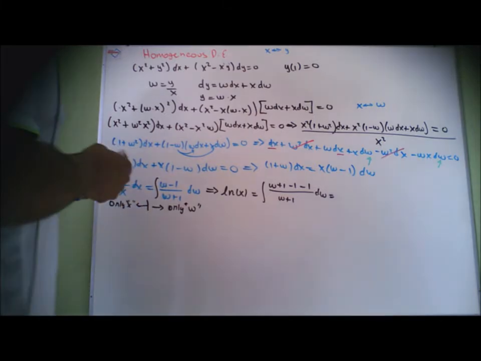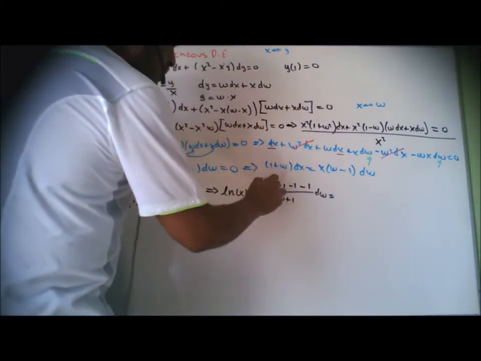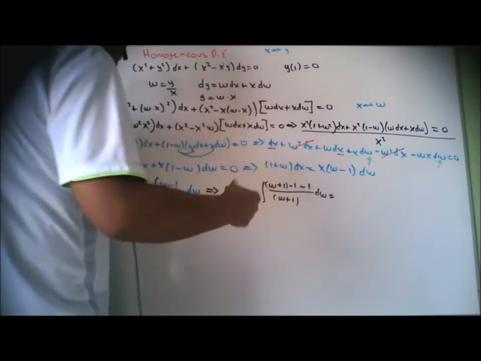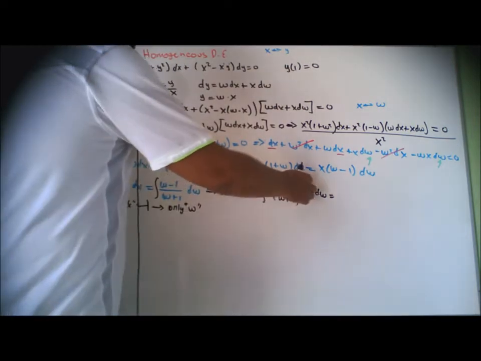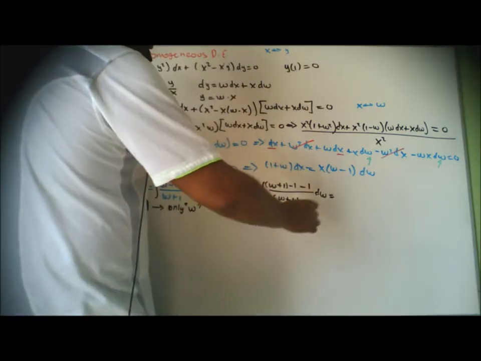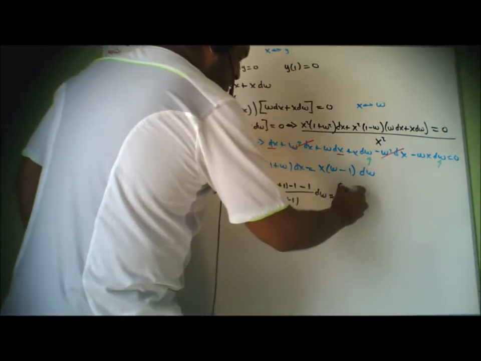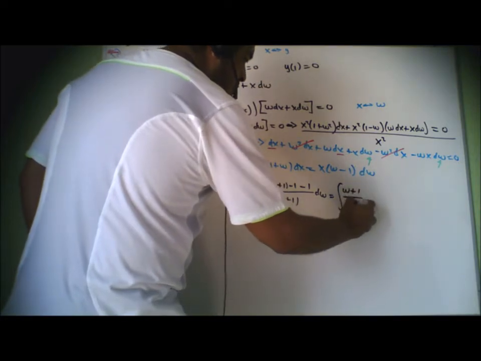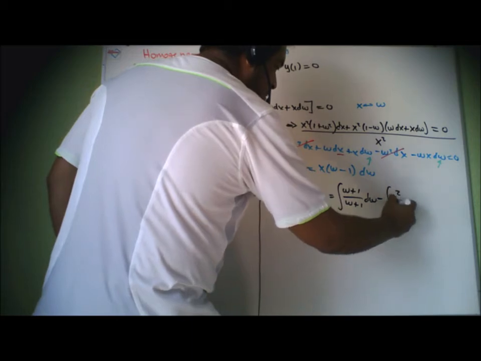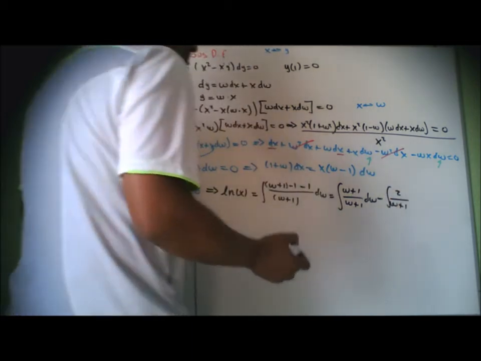Why am I doing that? Because with this, I'm going to get the same denominator, and this is going to be minus 2. But it's the same because 1 minus 2 is equal to minus 1. So that is just for solving this integral. So it's going to be the integral of w plus 1 over w plus 1 differential of w, and then minus the integral of 2 over w plus 1, and that's it.